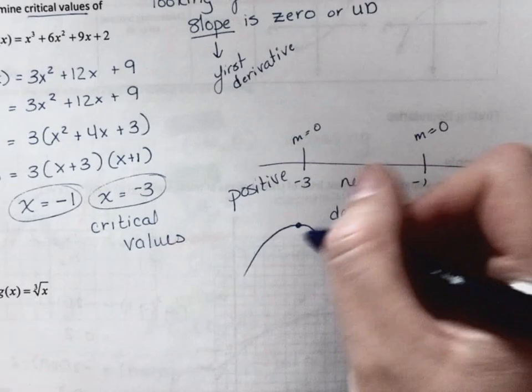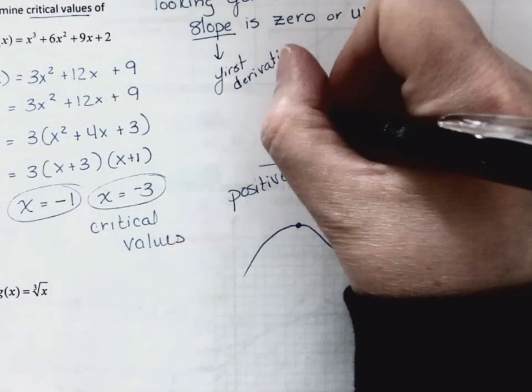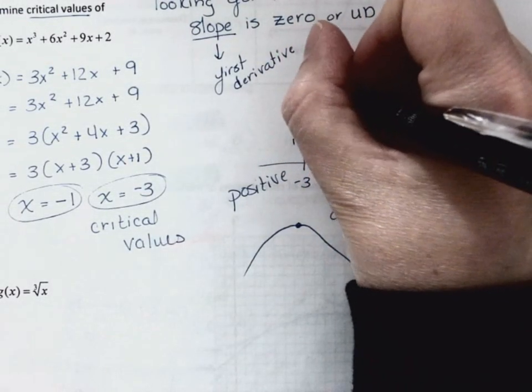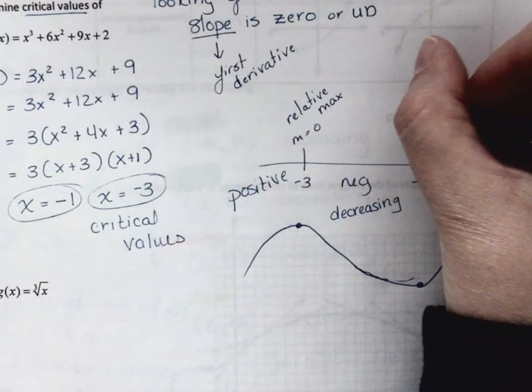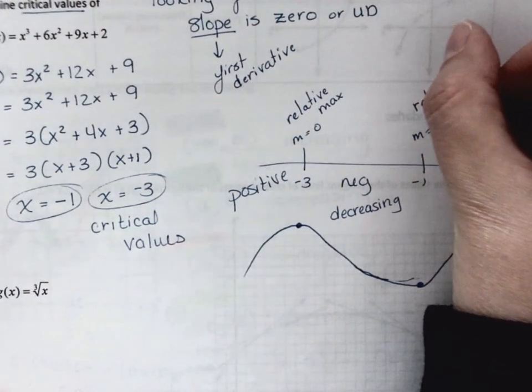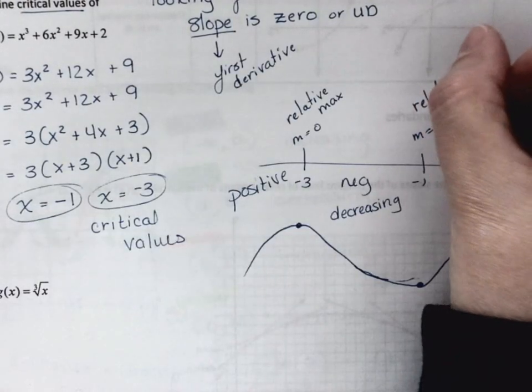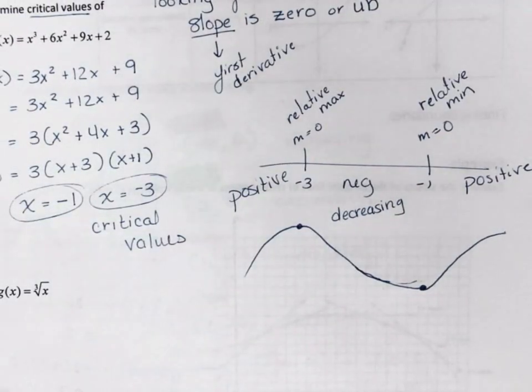So at this point, it's a relative max. We don't know if it's an absolute, but we know it's a relative max. And at this point, it's a relative min. So without ever graphing this equation, we know lots about it.